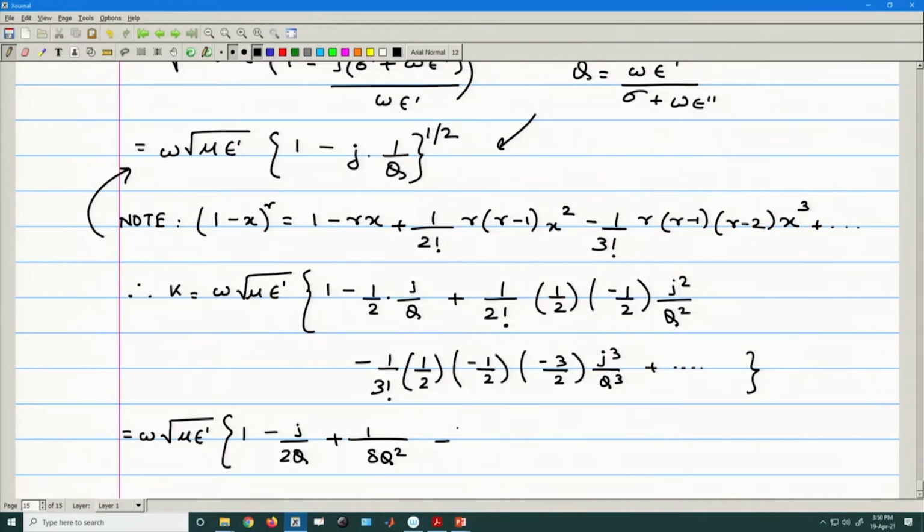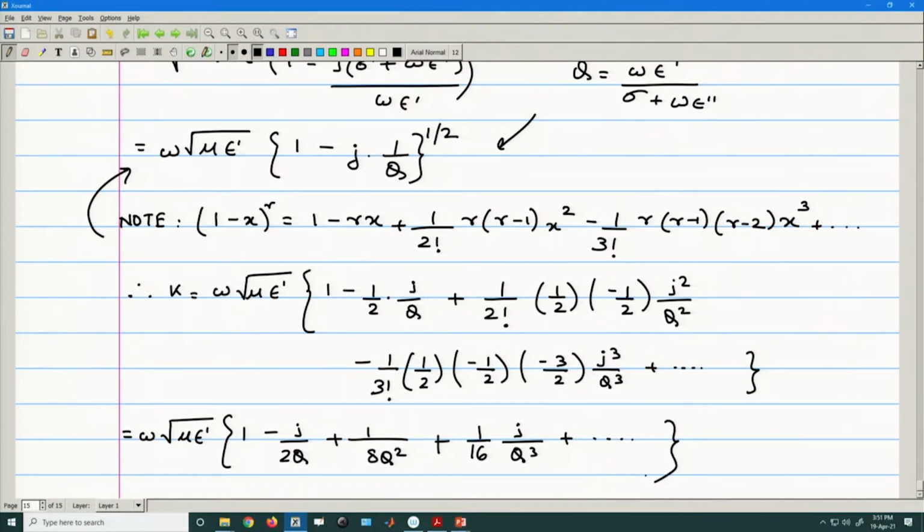Then again this one: 3 factorial is 6, 6 multiplied by 2 is 12, then 24, and then again 2, that is 48. So, basically 3 upon 48 gives us 1 upon 16. So, it will be 1 by 16, and here it is j cube, that is minus, so basically we will have a plus over here. So, 1 upon 16, this will be j upon Q cube.